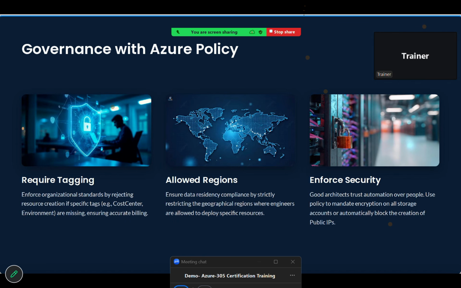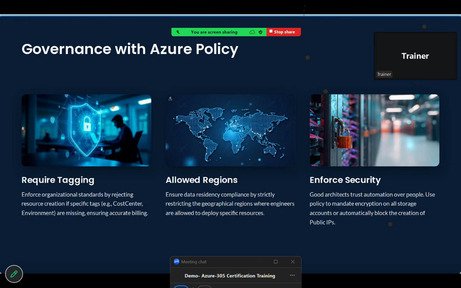And what comes under enforced security? Good architecture does automation over people. Use policy to mandate encryption on all storage accounts and automatically block the creation of public IPs. Let's take a real scenario. A company requires all storage accounts to use encryption. How do we enforce it? We use Azure policy.